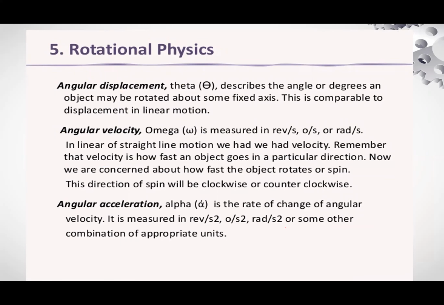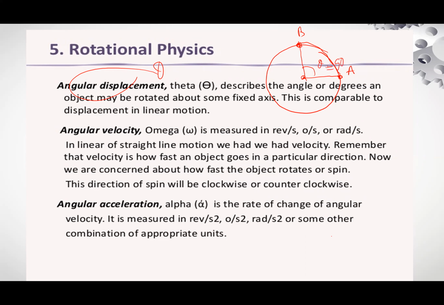Angular displacement. For angular displacement, we will use theta. It describes the angle by which an object may be rotated about some fixed axis. This is comparable to displacement in linear motion. For example, you have circular motion. This is the center. The body is displaced from position A to position B, so theta is 90 degrees.